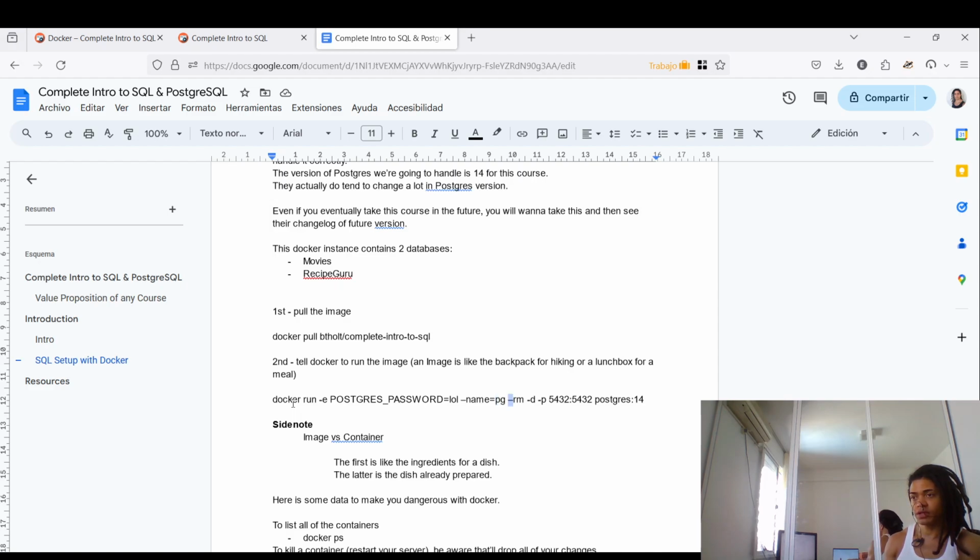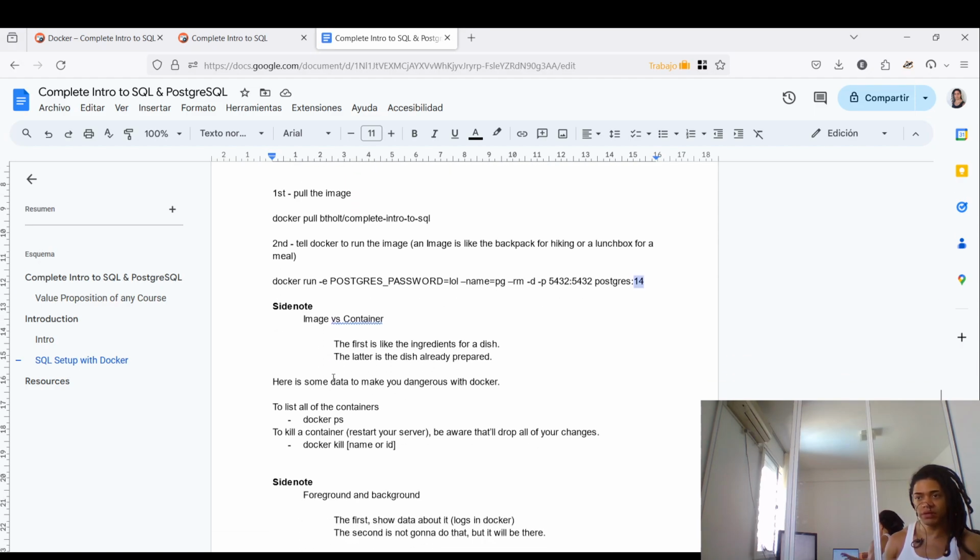We're also going to use the rm, which tells Docker, after we run this instance, I want to clean up the logs, and I want to detach it. Run this on this particular port, which is the internal port of the Docker instance, and then the external port that it exposes. And I want you to use the Postgres image version 14.